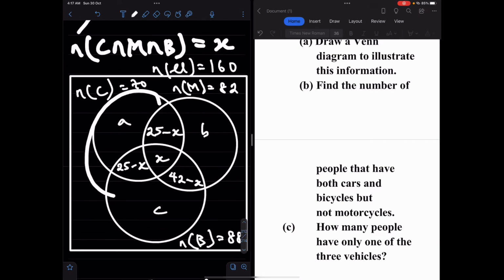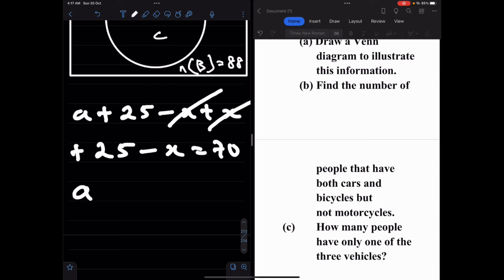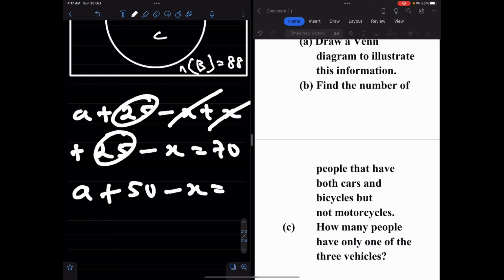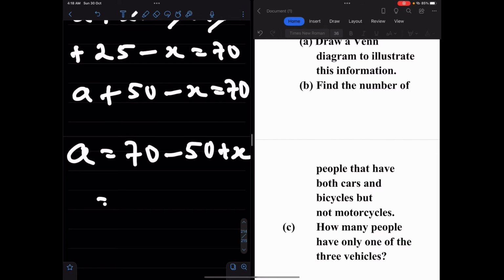I've just added everything inside the circle that represents the number of people who have cars, just to find A. So minus X plus X equals 0, and that means A plus 25 plus 25, which is 50. A plus 50 minus X equals 70, which means A equals 70 minus 50 plus X. If you move 50 and minus X to the right hand side, 50 will become minus 50 and minus X will become plus X, and that simply means 20 plus X.